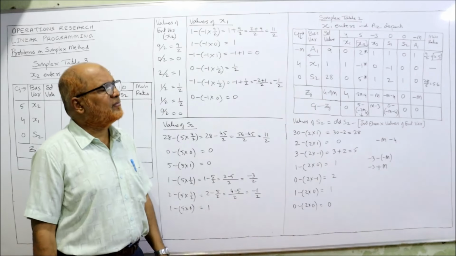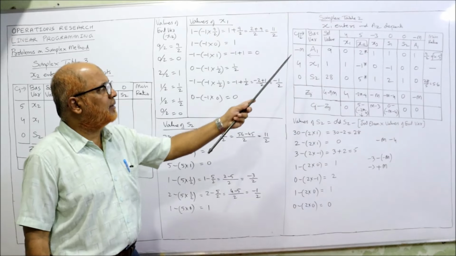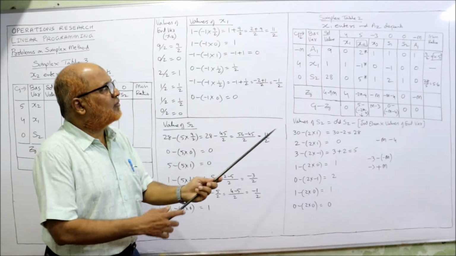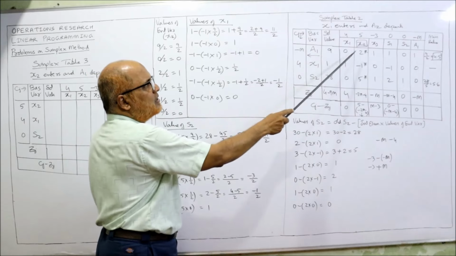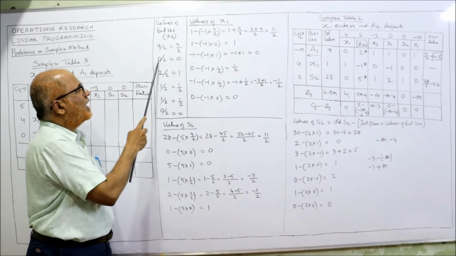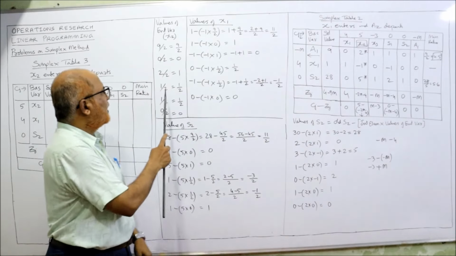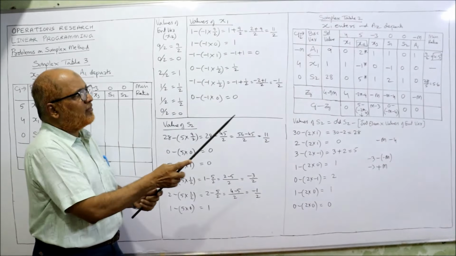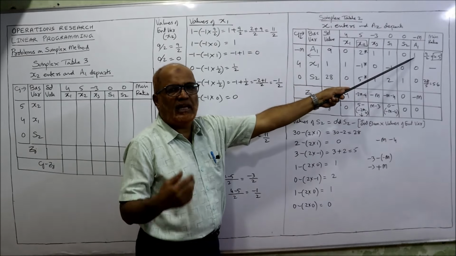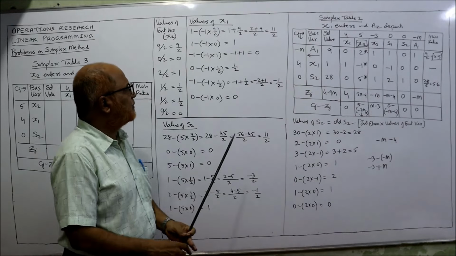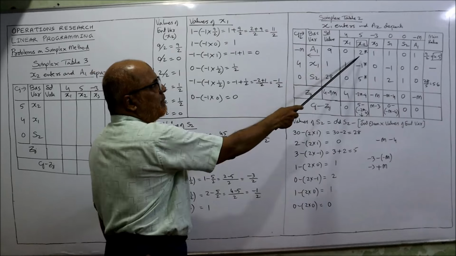Which variable is departing? A1 is departing. So values of A1 are 9, 0, 2, 1, 1 and 0. I have not taken the value of A1 because A1 is departed. Divide by intersectional element, which is 2.